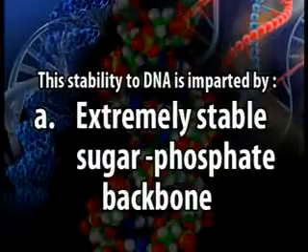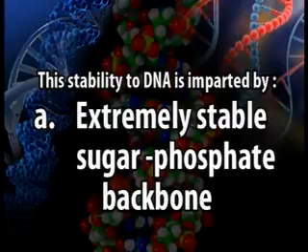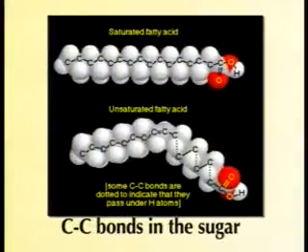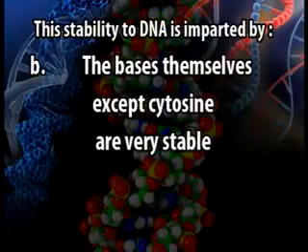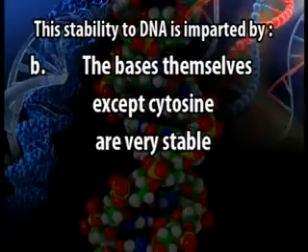And the stability of DNA is in fact imparted by, number one, an extremely stable sugar phosphate backbone. The carbon-carbon bonds in the sugar are resistant to chemical attacks under all conditions except strong acids at very high temperatures. The second reason is that the bases themselves, except for cytosine, of course, are very stable.